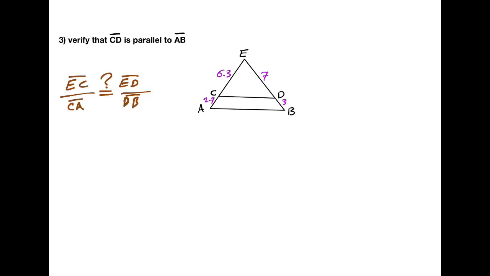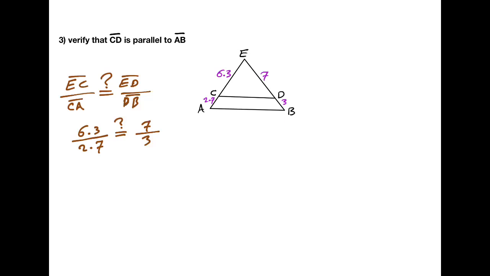EC is 6.3 divided by CA is 2.7. Is this equal to ED is given by 7 divided by DB is 3? So one way to check this is to divide 6.3 by 2.7 and then divide 7 by 3 and see if you get the same numbers.